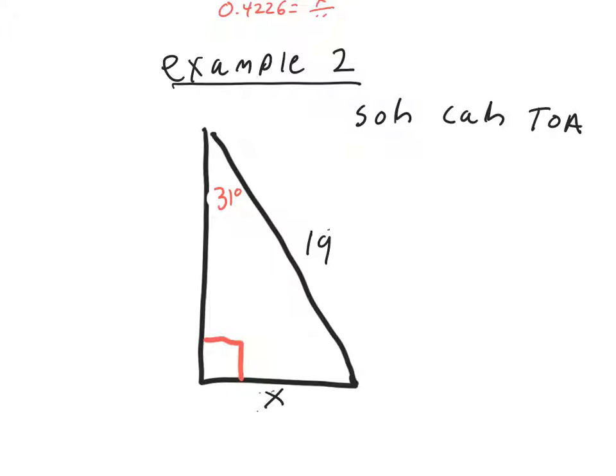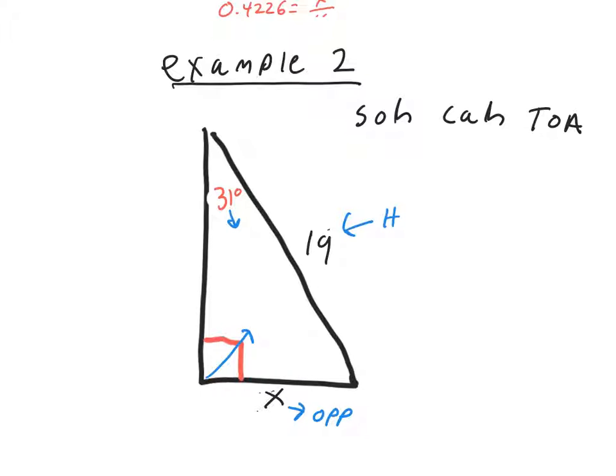So here's the right angle. Remember, it points at the hypotenuse, or it's opposite the hypotenuse. So this is the hypotenuse, the 19. And if I go opposite the 31, it's going to be the x. So this is the opposite side. We don't really care about the other side because it's blank. So we have the hypotenuse and the opposite.